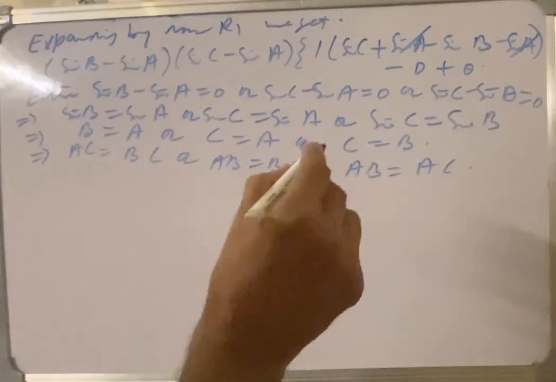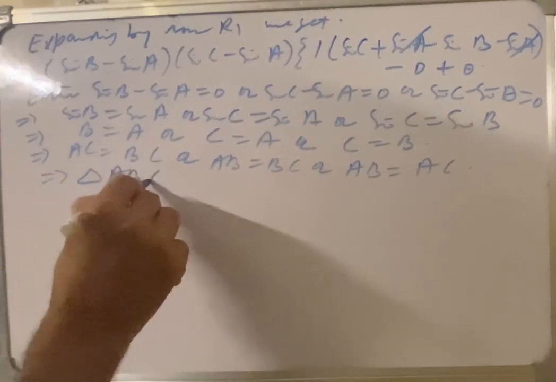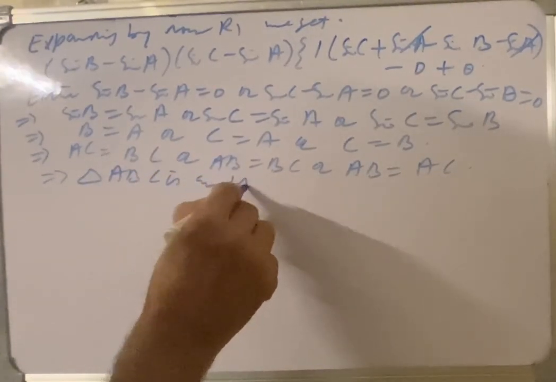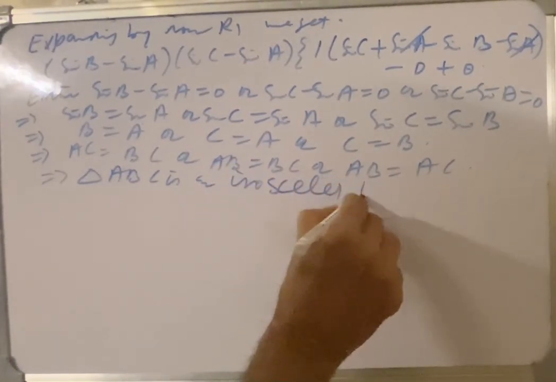So since two sides are equal, this implies triangle ABC is an isosceles triangle.